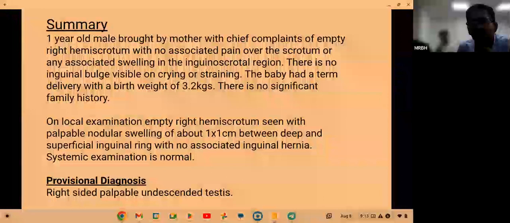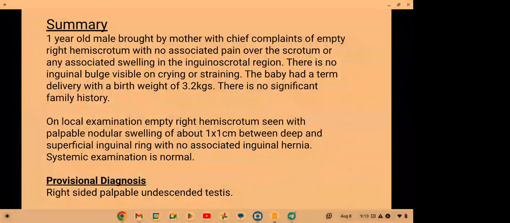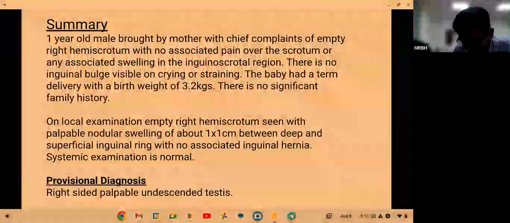Androgen, yes, and anti-Mullerian hormone, also Mullerian inhibiting substance, is secreted from Sertoli cells.